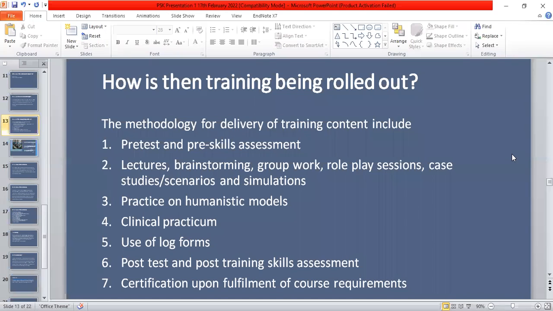Then there's the post-test and post-training skills assessment. So after the training, again, you're tested and your skills are assessed. After that, certification upon fulfillment of course requirements. And certification here is done by the Ministry of Health, which will then allow you to be a certified family planning service provider at your retail pharmacy.